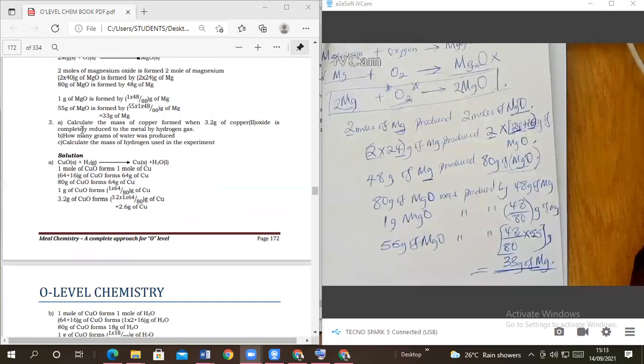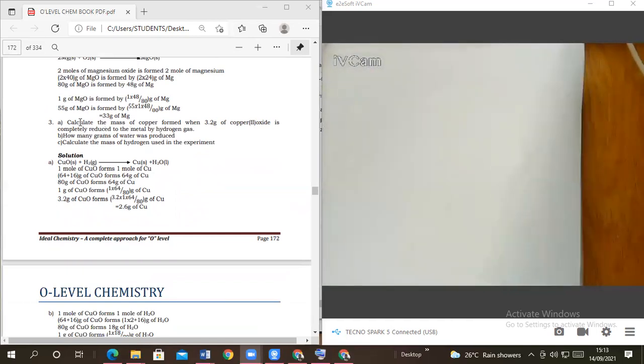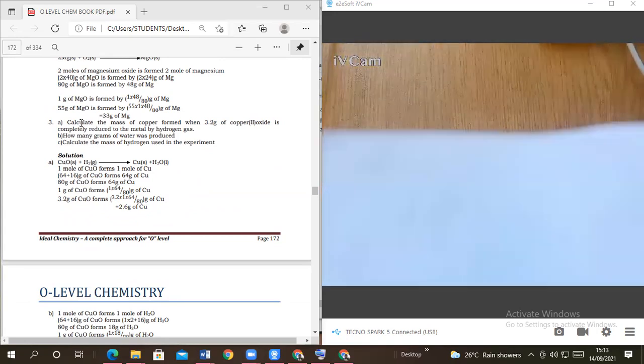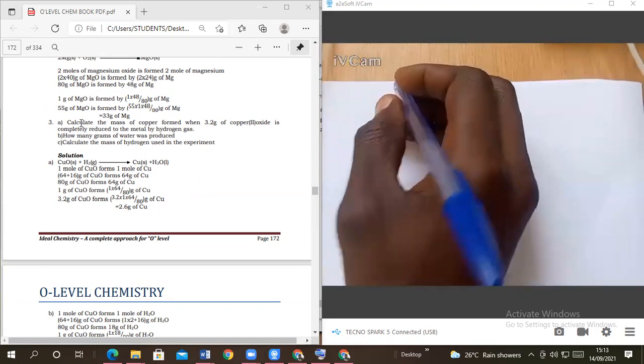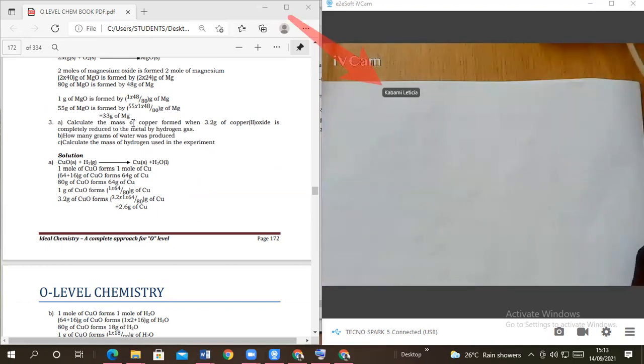So, yes. Let's look at number 3. I see we have few minutes to finish. They are saying calculate the mass of copper formed when 32 grams of copper-2 oxide is completely reduced to a metal by hydrogen gas. So what are the two reactants?